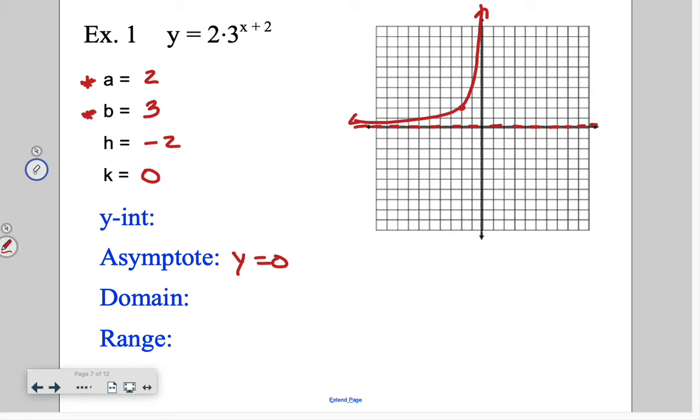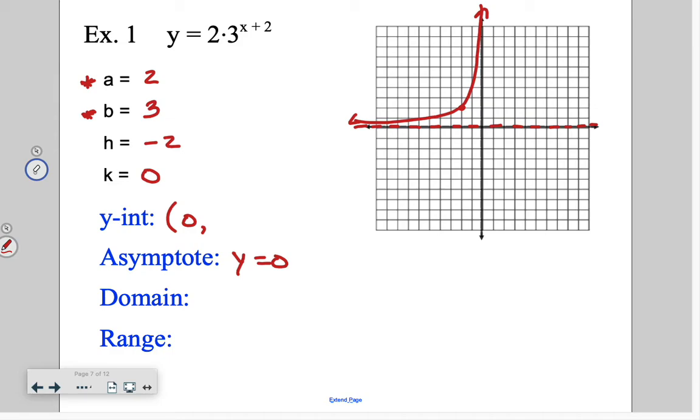Now, let's add in a few things. Y-intercept, remember we said, was when x equals 0. So, plug it in. See what you get. All you're going to do is plug in 0 into the equation, just like you've done previously, and see what you end up with. So if I plug in 0, I get 2 in the exponent. Quick reminder, be careful. This is a simple mistake you could make if you're not thinking.